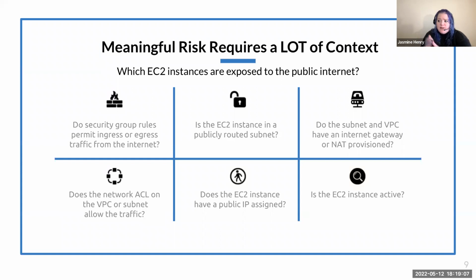The posture of this cloud device depends on your security group rules and how you're filtering ingoing and outgoing traffic. It depends on whether the subnet where it lives is publicly routed. It depends on whether there's an internet gateway or a NAT. It depends on the ACL, which is kind of the rules. It depends on the IP assigned, and it depends on whether it's active.